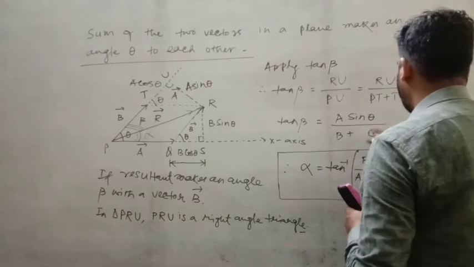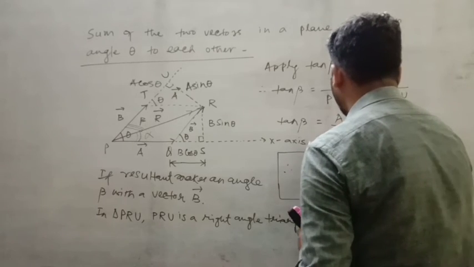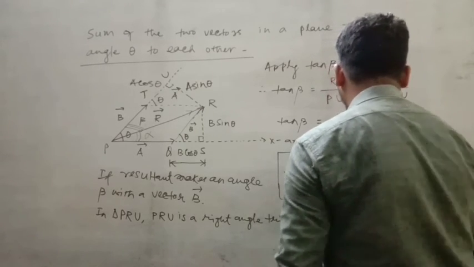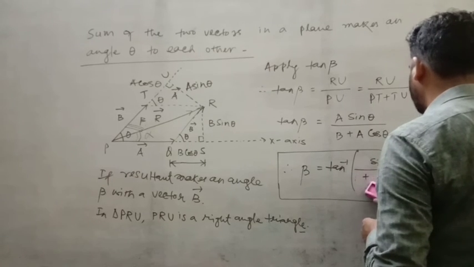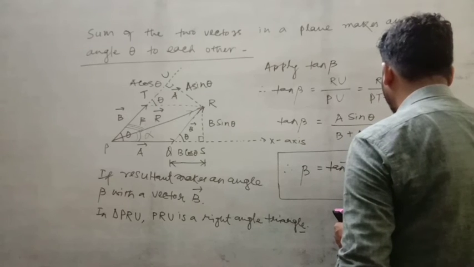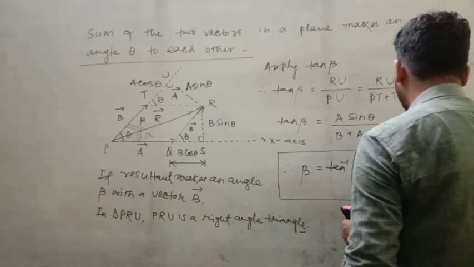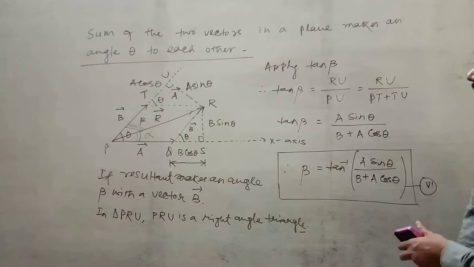That's how you got your beta. Therefore your beta is a sin theta divided by b plus a cos theta, and this is your next equation.